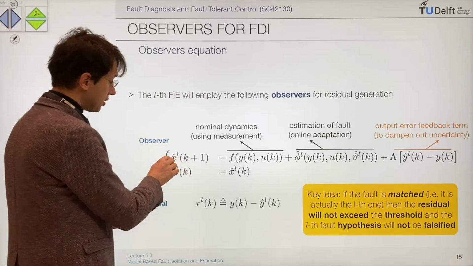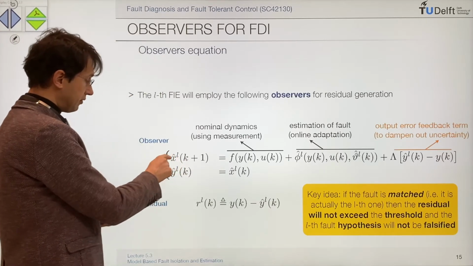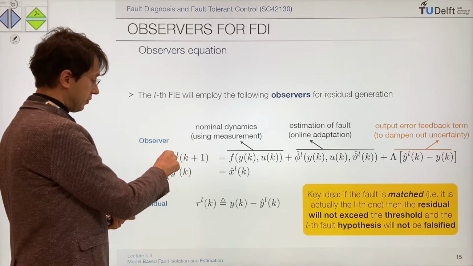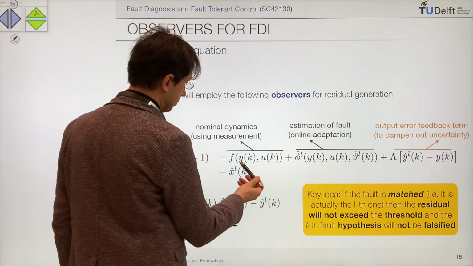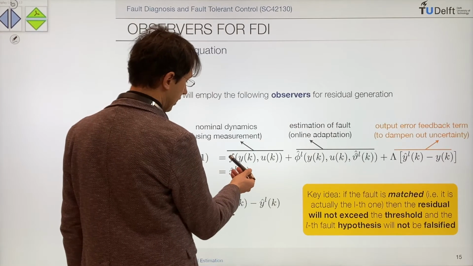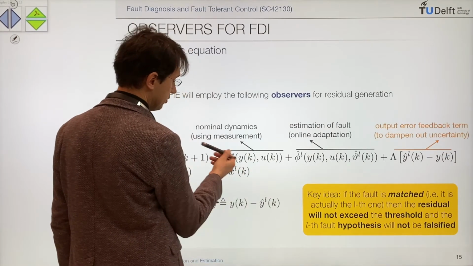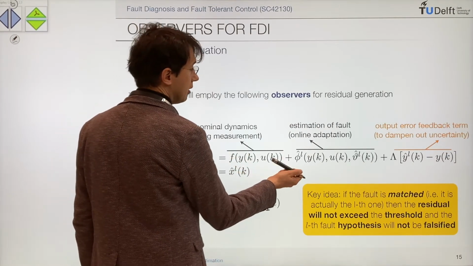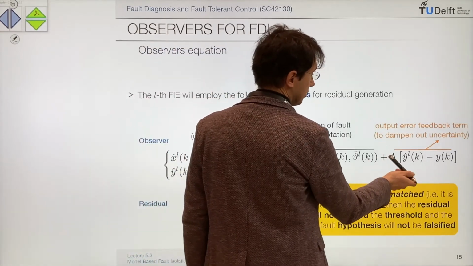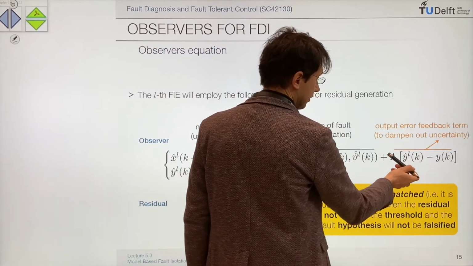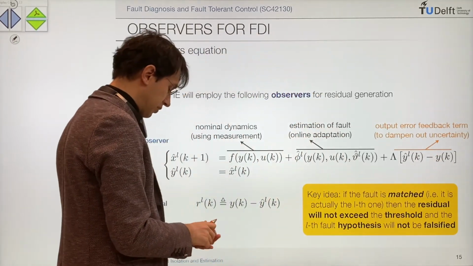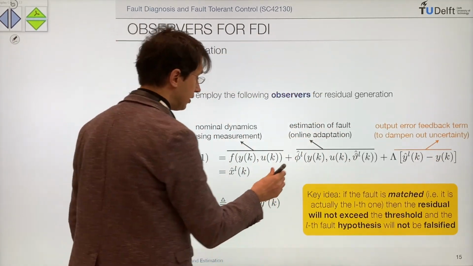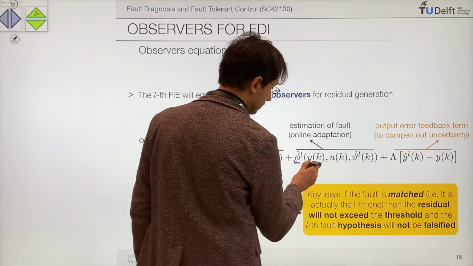We have an equation where the estimate for the estimator number L, so we have the L index here, is equal to, as before, the nominal dynamics computed using measurements. We have the output error feedback term, like in the previous case, like in the detection observer. But then we have a new part.